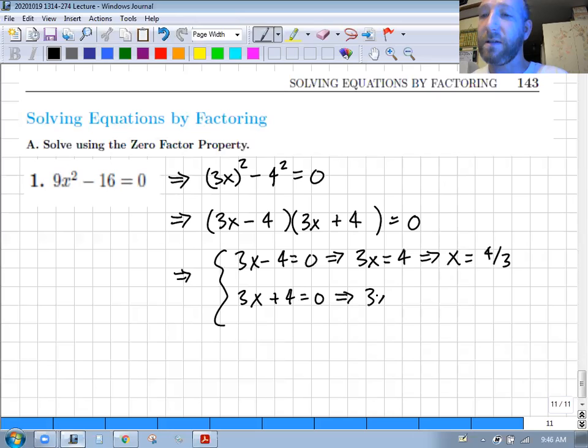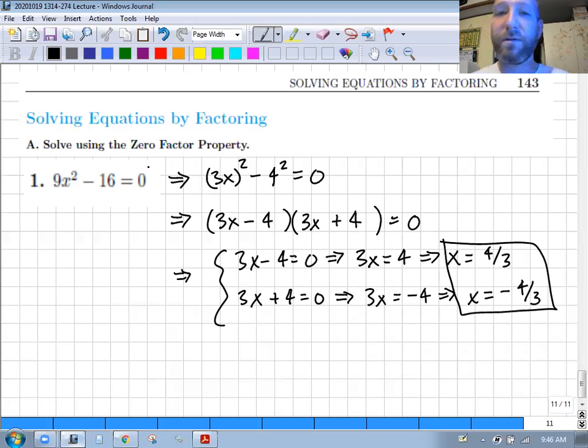And this one tells us 3x is negative 4, or x is negative 4/3. So these are our two solutions to this equation. Any questions?